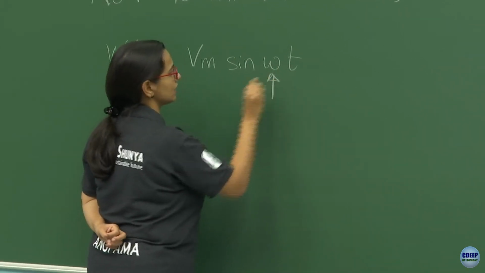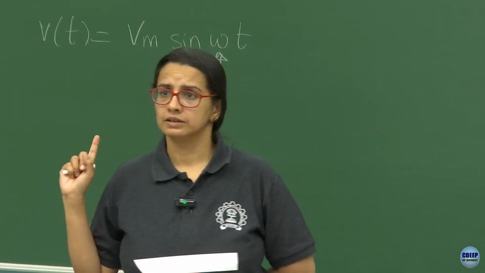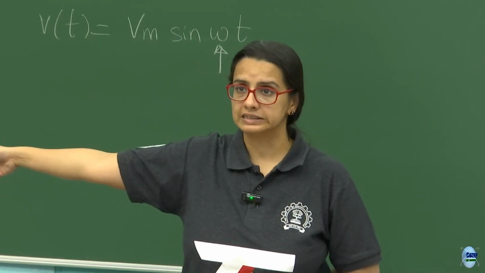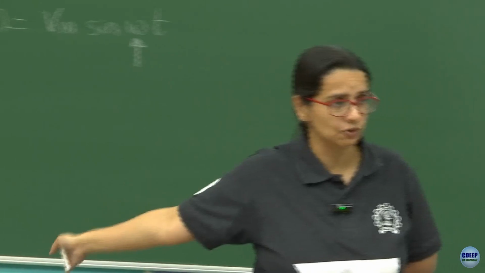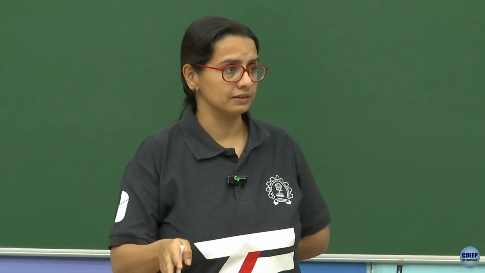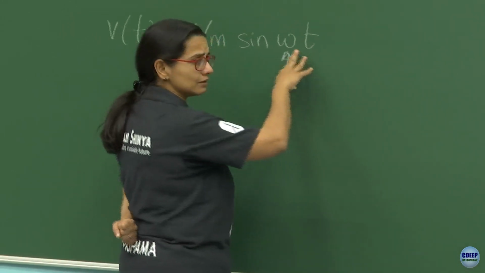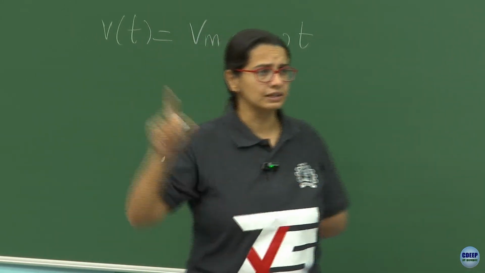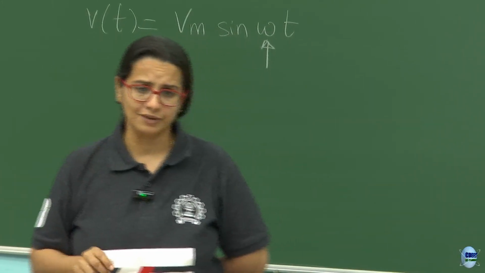And what is this omega? This is linked to your frequency. So 2 pi f, if my frequency is 50 hertz at the outlet, then it will be 100 pi, correct? I'm starting with this because this is my reference. Voltage at the outlet is going to be my reference.